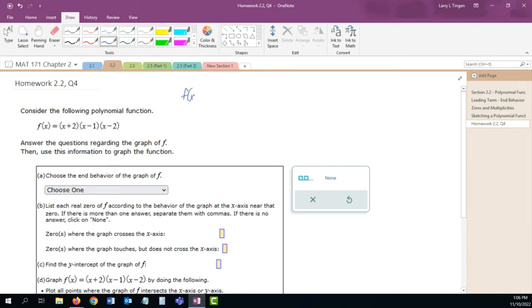What is the leading term in this? f of x is equal to (x plus 2) times (x minus 1) times (x minus 2). The leading term is going to be x times x times x, which is x cubed. All right, so that's odd. So it's either going to go like this or the opposite.